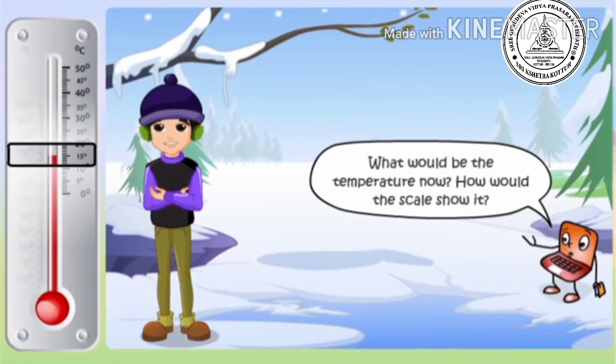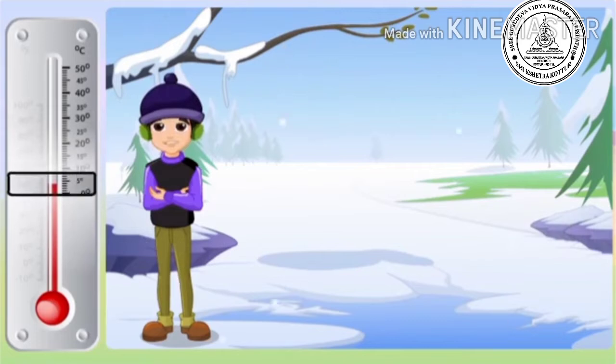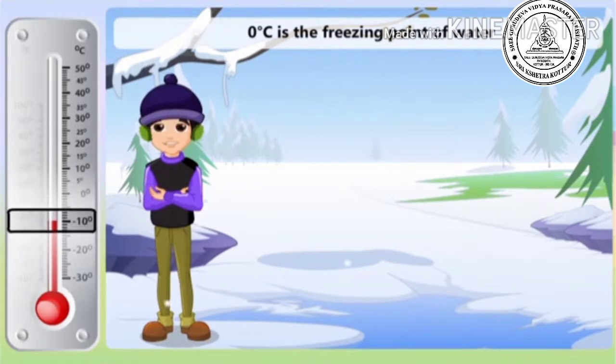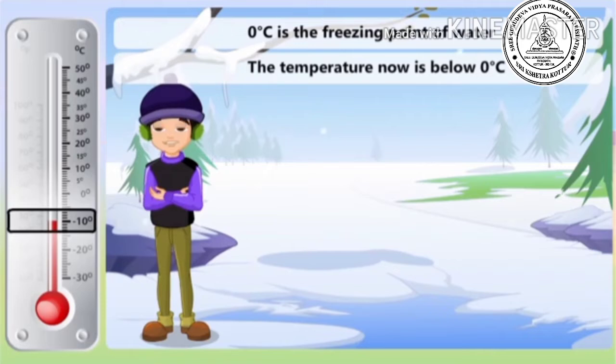What would the temperature be now? How would the scale show it? 0 degrees Celsius is the freezing point of water. Since we have snow everywhere, the temperature is now below 0 degrees Celsius. This is shown as a negative number with a minus sign, like minus 10 degrees Celsius.